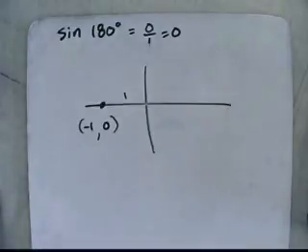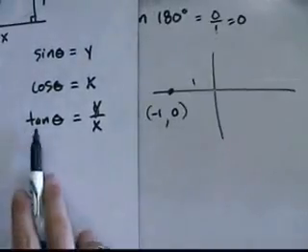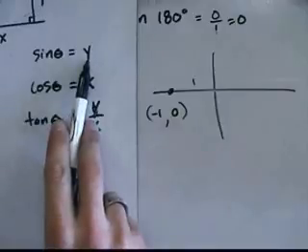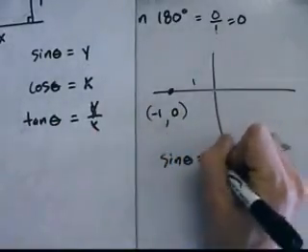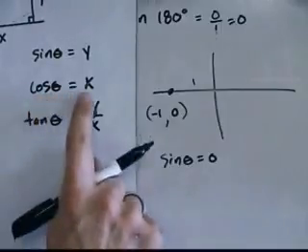Now, we can cheat a little bit and look at this: sine equals y, cosine equals x, tangent equals y over x. So the sine value equals whatever the y value is on that point. What's the y value there? 0. Okay, so the sine of theta equals 0. So if we're on the unit circle, that's how you would have to do that. Okay, the cosine is the x value.